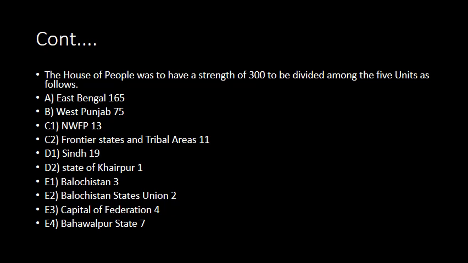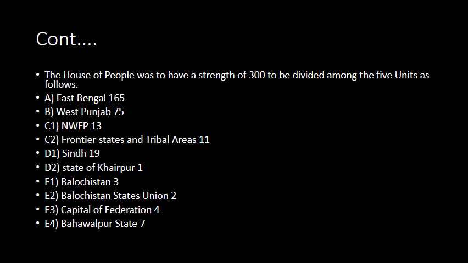West Punjab 75, NWFP, which is nowadays called Khyber Pakhtunkhwa, got 13 seats. Frontier states and tribal areas 11, Sindh 19, State of Khairpur 1, Balochistan 3, Balochistan States Union 2, and the capital of the federation, which was Karachi at that time, 4 seats. Bahawalpur State 7 seats.